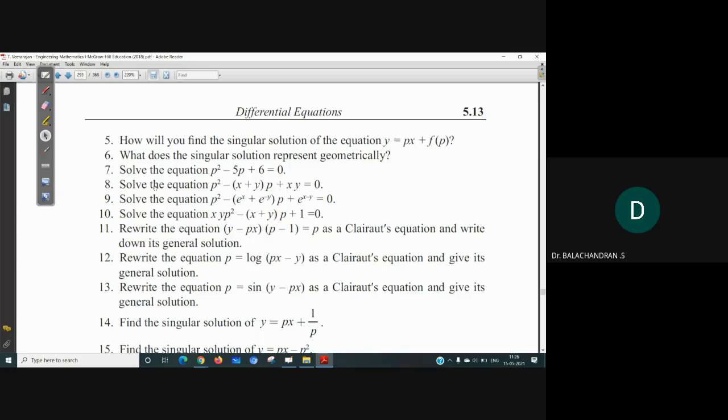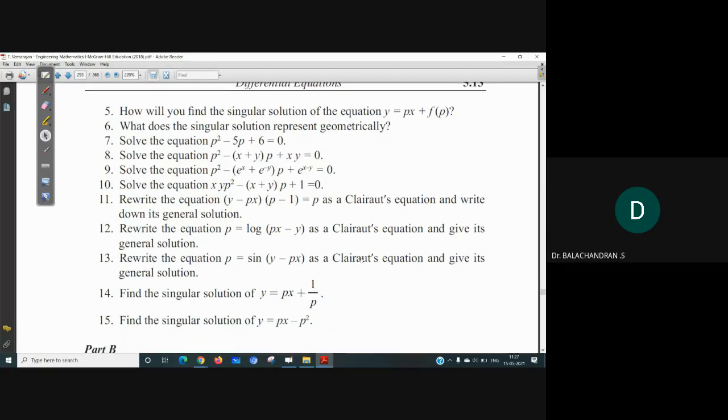Already I gave problem 8 and 9 as homework and solved it. So you can note down 7, 8, 10. Either you can solve these problems by solving for p or x or y. 11, 12, 13 you can solve later because I still need to teach Clairaut's equation. So 11 to 15 you can't solve now.